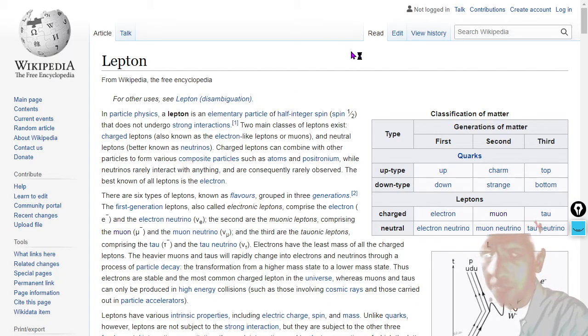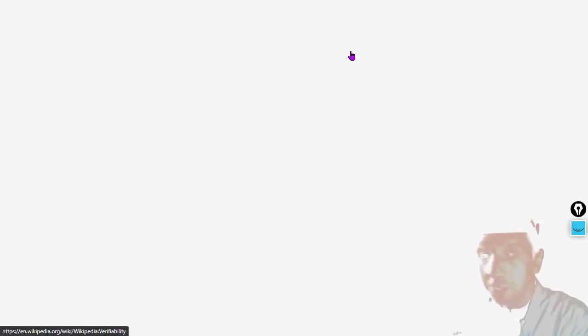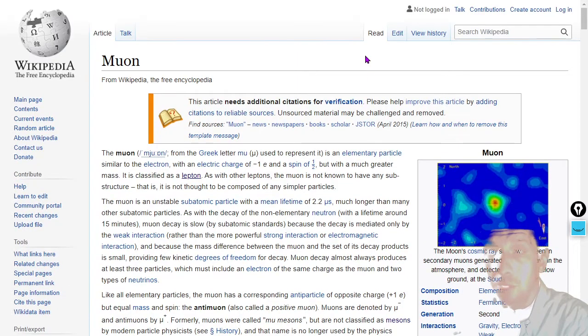And let's talk leptons. There are 3 kinds: electron, muon, and tau, as well as the neutrinos, electron, muon, and tau neutrinos, and of course antiparticle leptons. If you don't know about them, have a read. So electrons and muons are what we're going to be talking about, and muons are coming up on the list.